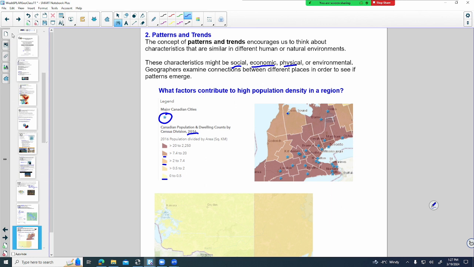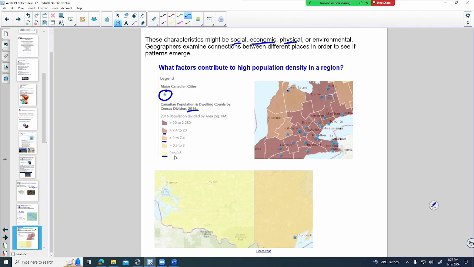So looking down at our area on the bottom of the screen here, our populous area is Thunder Bay. Okay, and again that shows the darker yellow, it's greater than 0.5 to 2. Okay, that's the population divided by area per square kilometer.